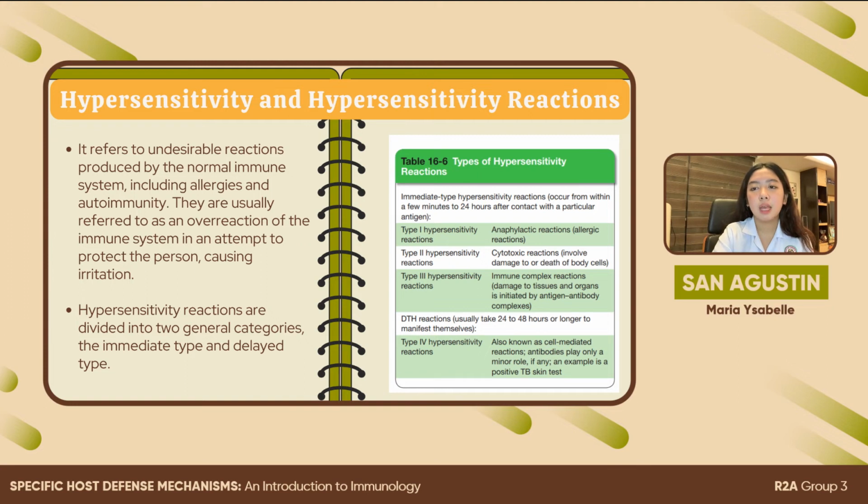The type 3 hypersensitivity reaction is the immune complex reaction. Damage to tissues and organs is initiated by antigen-antibody complexes. So the DTH reaction that usually takes 24 to 48 hours or longer to manifest themselves is the type 4, also known as the cell-mediated reactions, where the antibodies play only a minor role, if any. An example is a positive TB skin test.